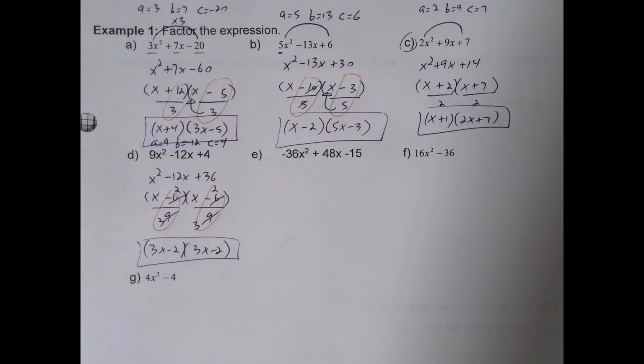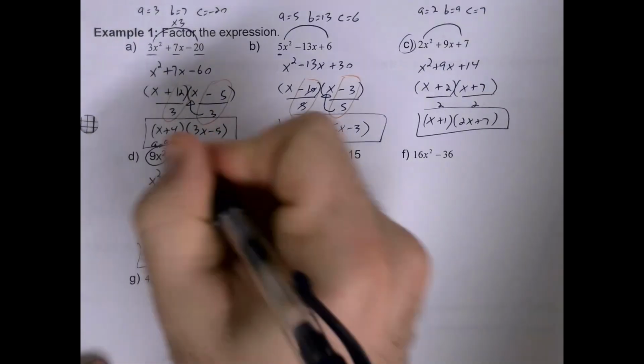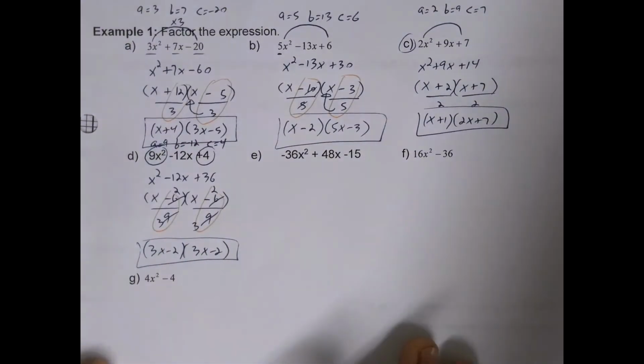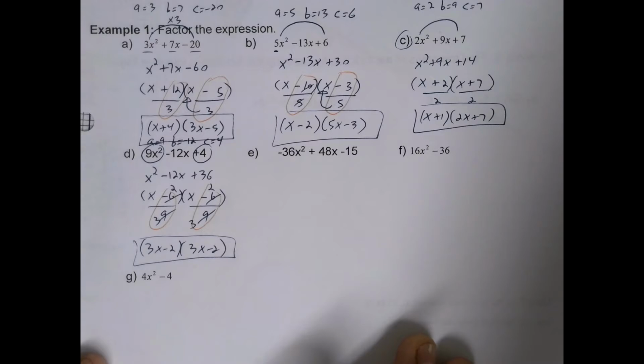Okay? See, whenever you have the first and last terms of a trinomial, and you notice that they're perfect squares, all right? So this guy is actually a special type of polynomial. This term and this term are perfect squares. You don't even have to do all that process.